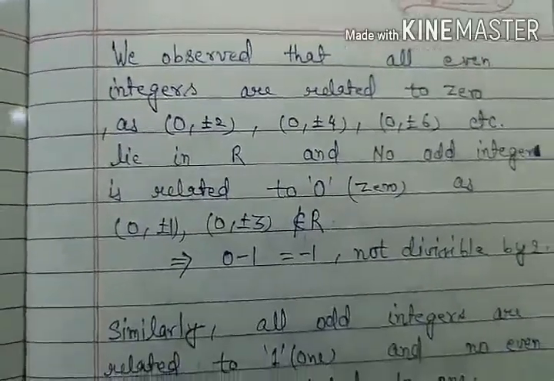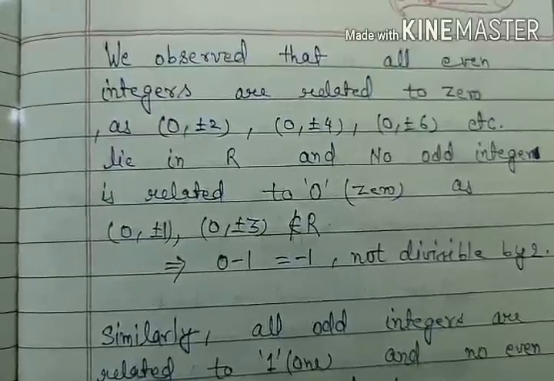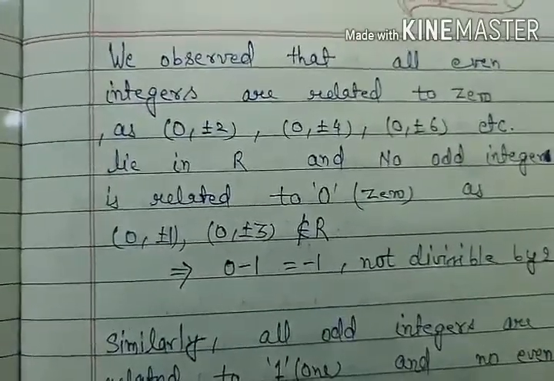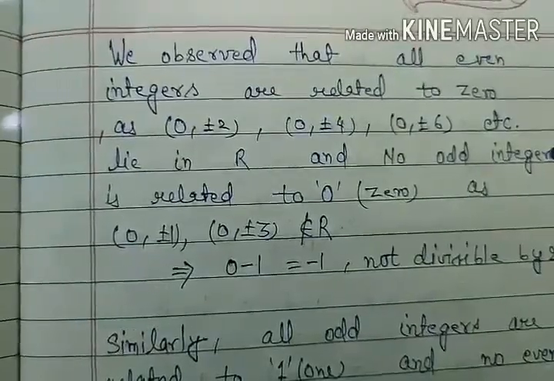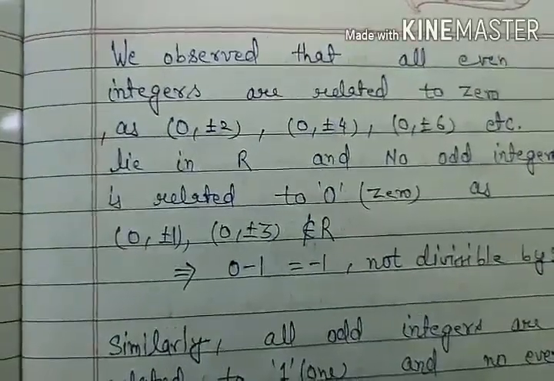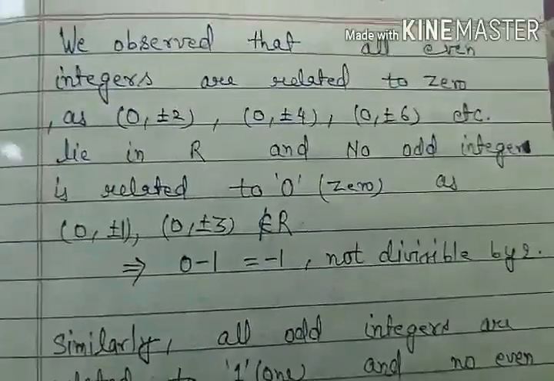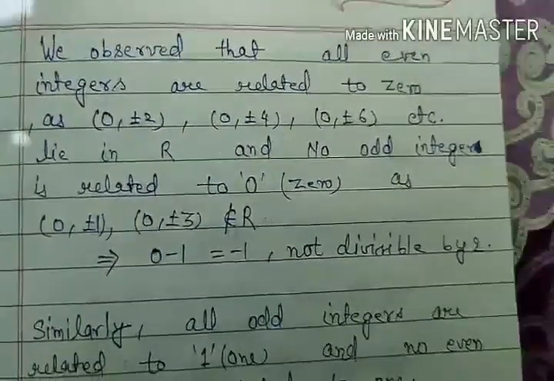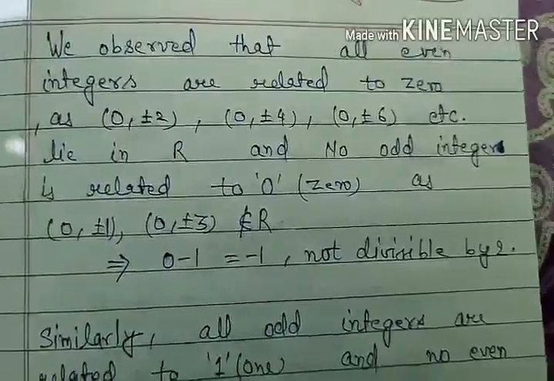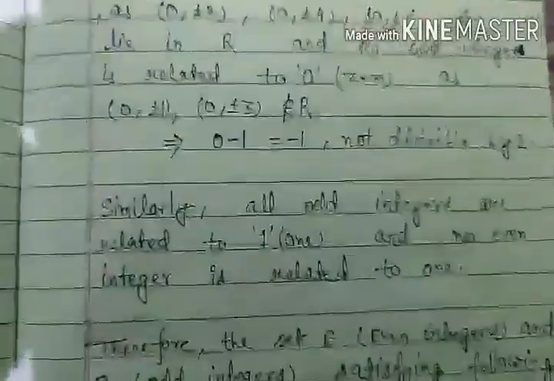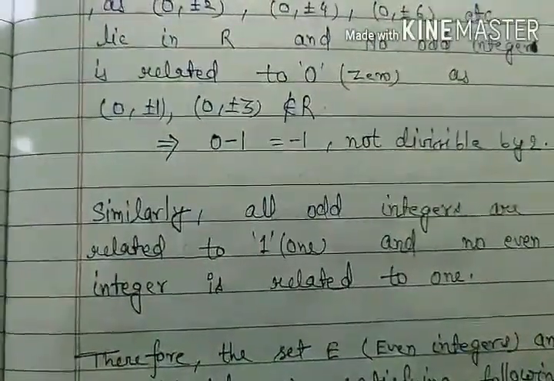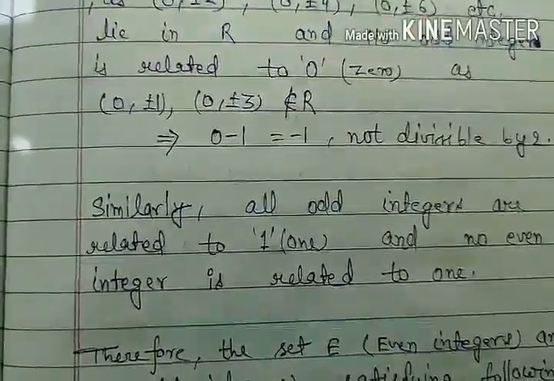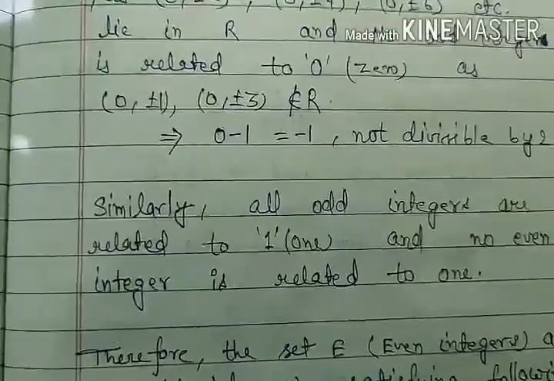And no odd integer is related to 0, as (0, ±1), (0, ±3) do not belong to R. As you can see here, 0 − 1 = −1 is not divisible by 2. Similarly, all odd integers are related to 1 and no even integer is related to 1.